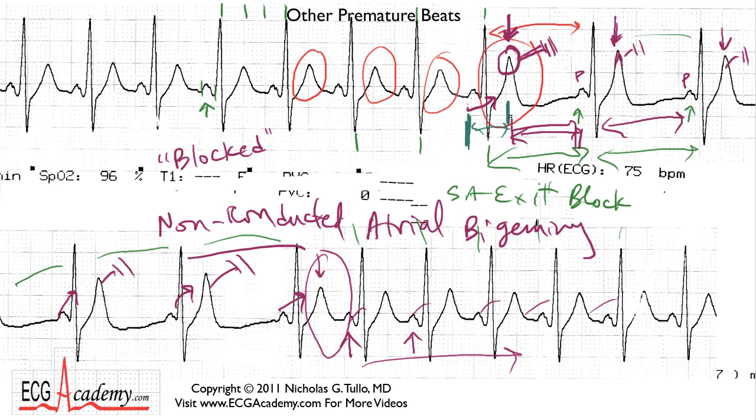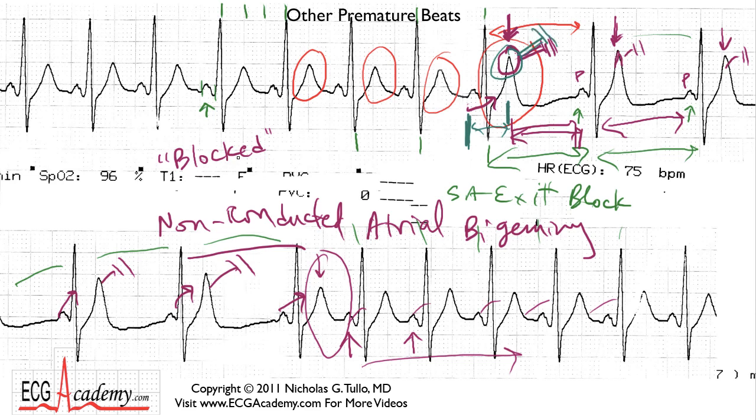So in reality, it's normal physiology for the AV node to act as like a safety valve, to not let rapid atrial rhythms down. We'll see that when we start to talk about atrial tachycardia and other atrial arrhythmias where the AV node actually protects the ventricle against rapid atrial arrhythmias. But in this case, it's kind of normal physiology to have this premature P fail to get down the AV node.